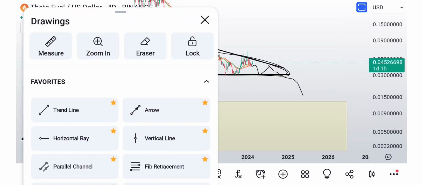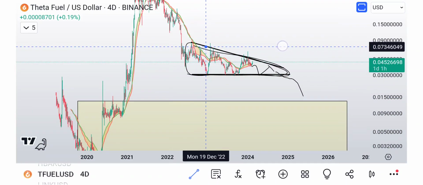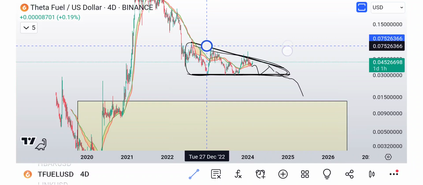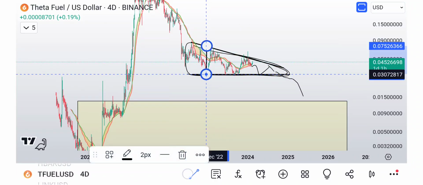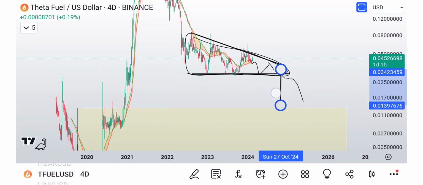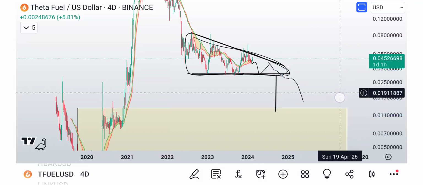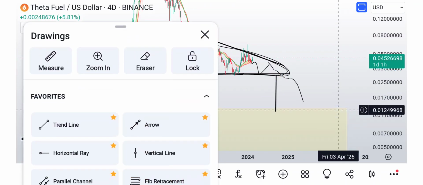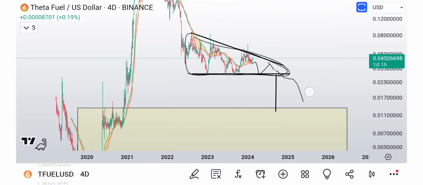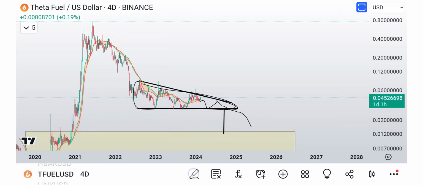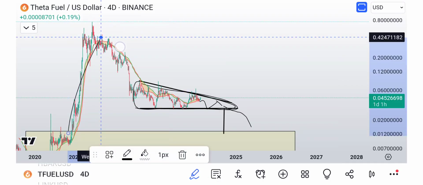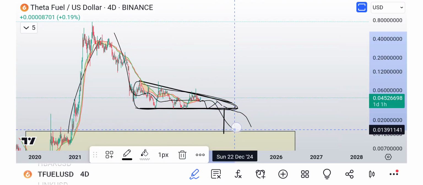Let's see, the measured move. I guess I'd do it from here to here. Yep, right about in there. Kind of like what Bitcoin did, right? It came up, it had its descending triangle, it came down, right?